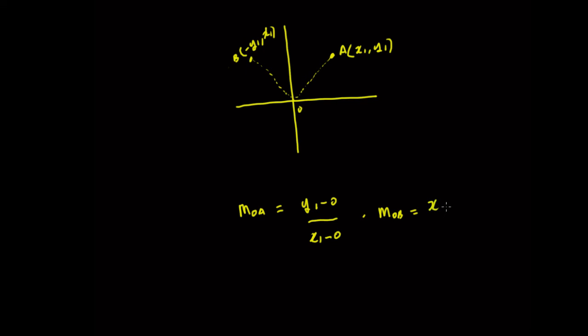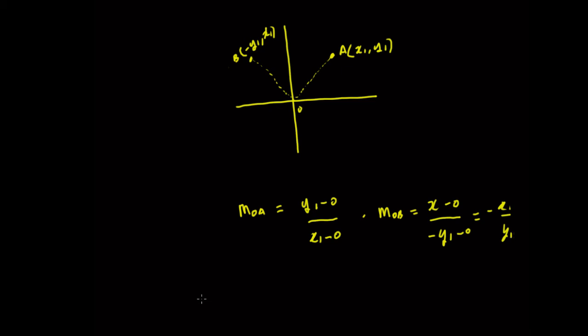So you're going to have x1 minus 0, and the same again, the x value is swapped round about. It's now called minus y1. That's minus y1 minus 0, which equals minus x1 upon y1.